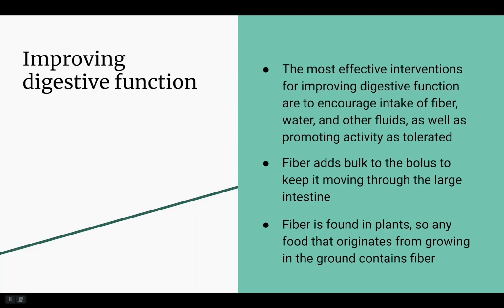The most effective interventions for improving digestive function are to encourage intake of fiber, water, and other fluids, as well as promoting activity as tolerated. Fiber adds bulk to the bolus to keep it moving through the large intestine. Fiber is found in plants, so any food that originates from growing in the ground contains fiber.